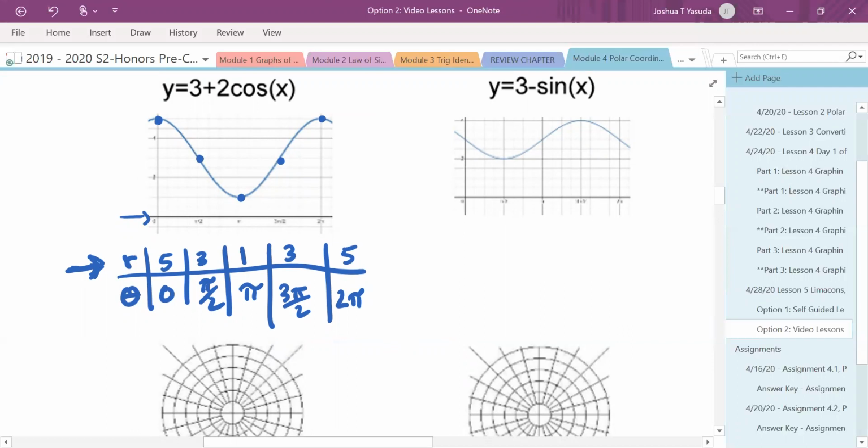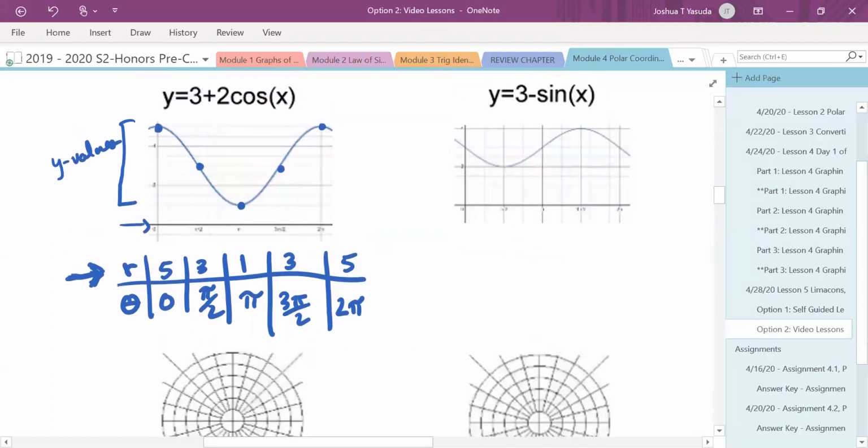So if the y values are all the radii, in this case they're all above the x-axis, meaning we're going to get what's called a dimpled limacon.